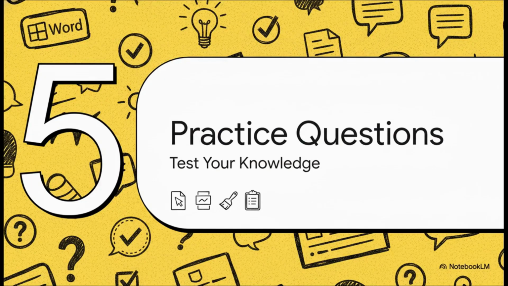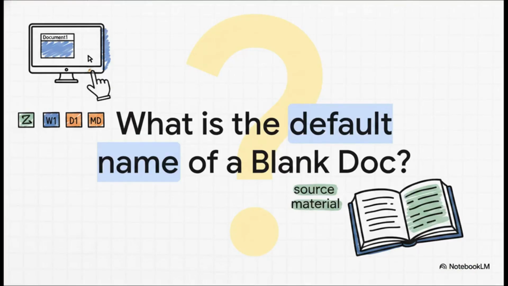All right, Section 5, Solving Practice Questions. Let's test your knowledge. Okay, let's jump right into our first practice question straight from the source material. When you open a new blank document, what is its default file name? Is it Document, Word 1, Document 1, or My Document?